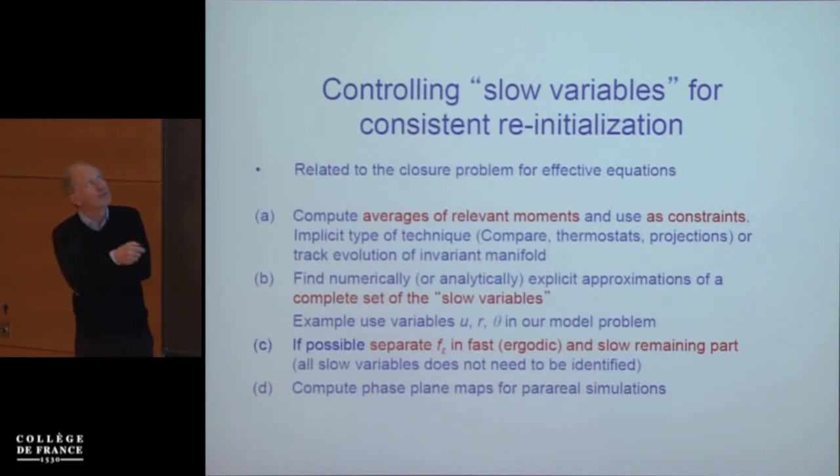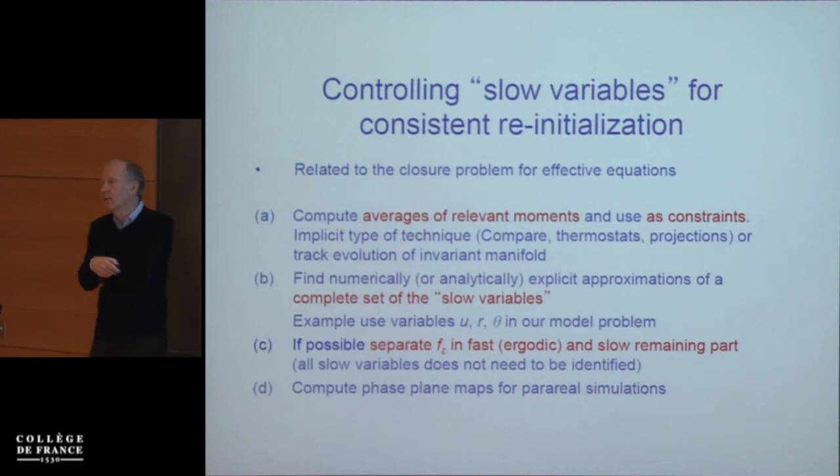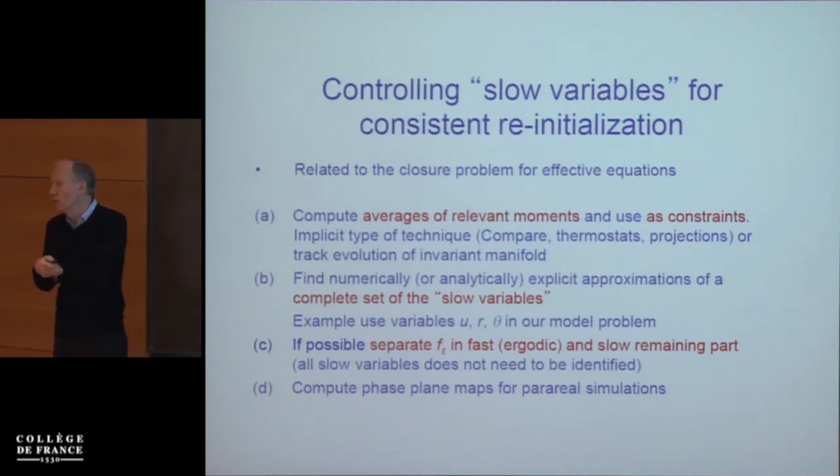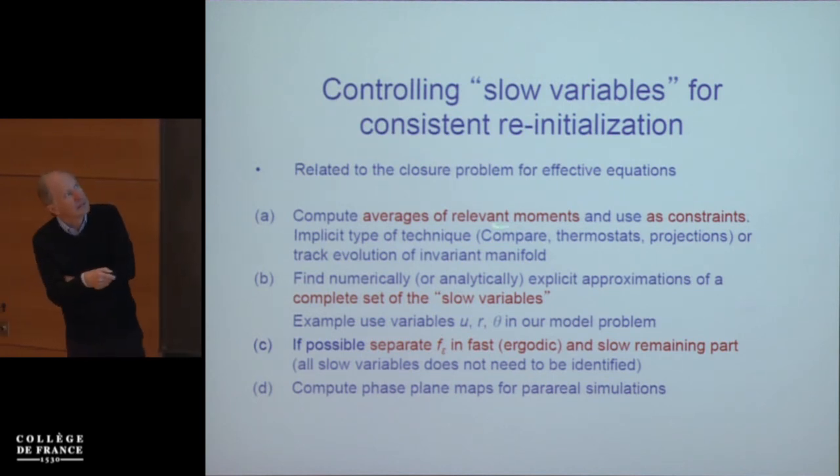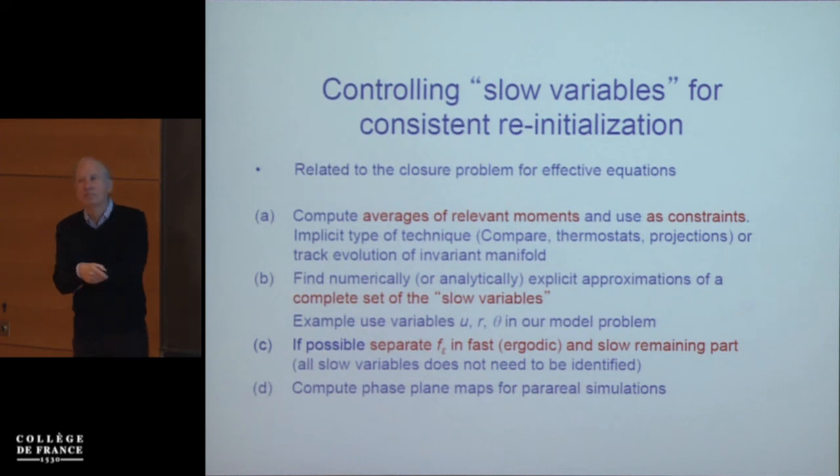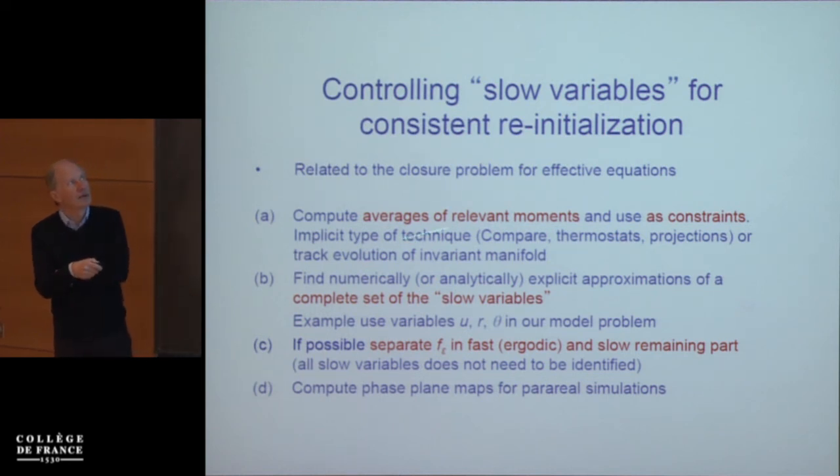So one can think about different ways of dealing with this. One is that you derive certain averages that you use as control of this. That is, for example, a heat bath in molecular dynamics. You would do that so that you can control the fast variable, so to speak, in this way.